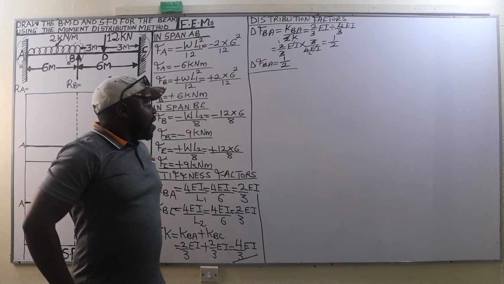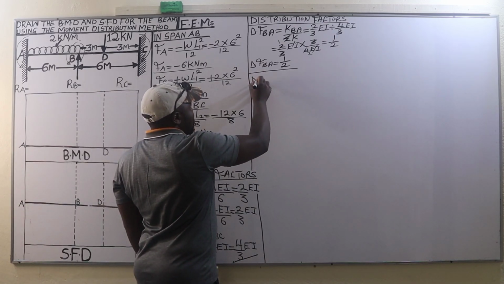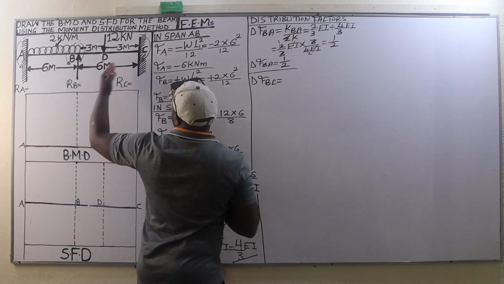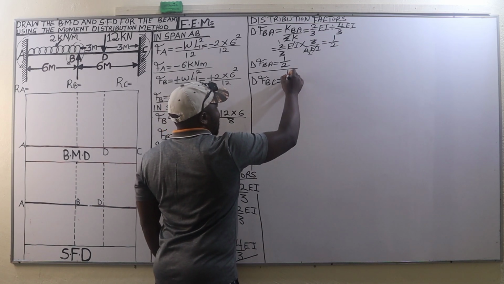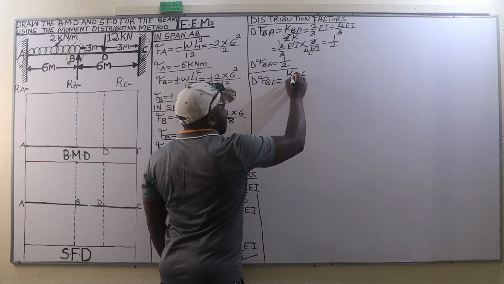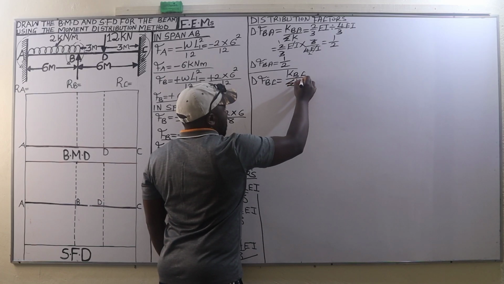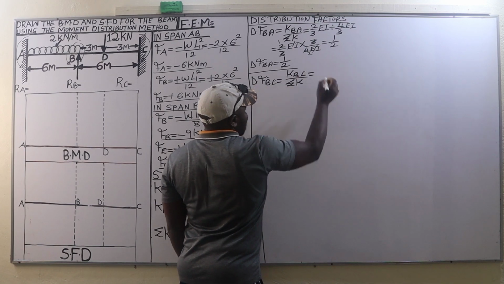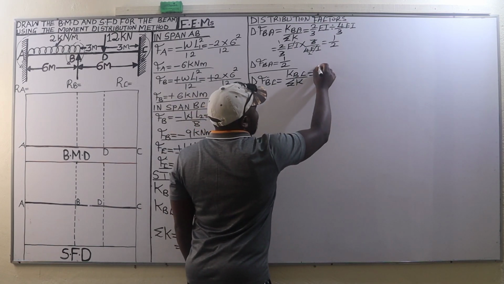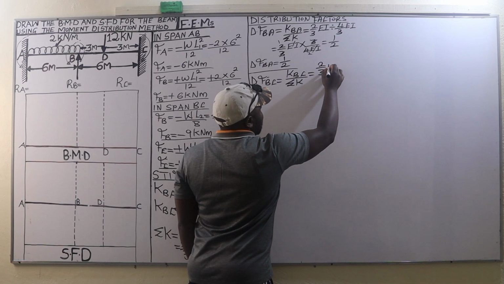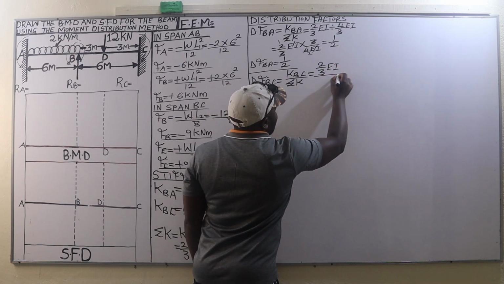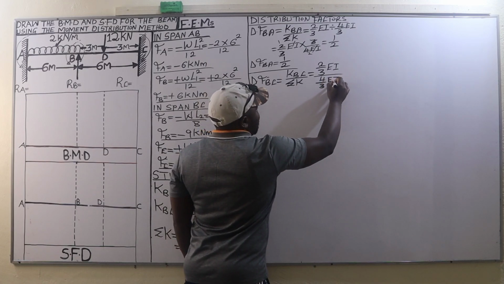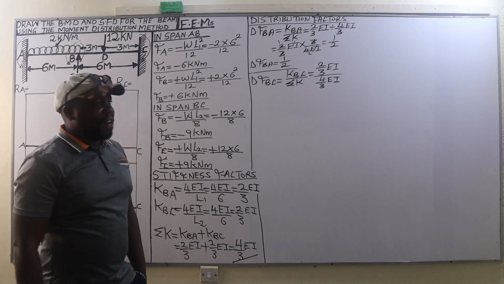Awesome. Then we go to the distribution factor for the member BC. Member BC will also be given by the stiffness factor for member BC divided by the summation of the stiffness factors. And this will be given by the stiffness factor for member BC, which is 2/3 of EI. We divide this by 4 over 3 EI, which is the summation of stiffness factors.